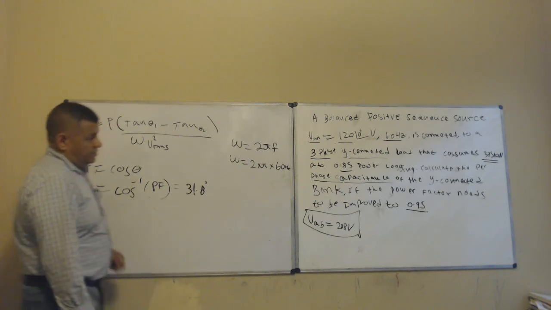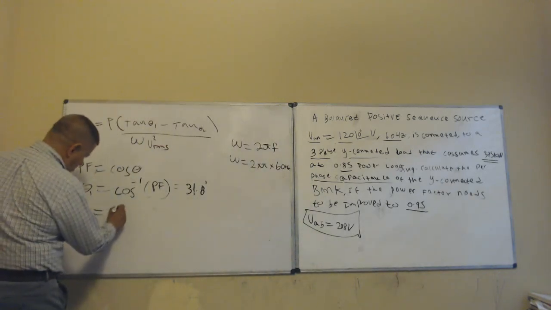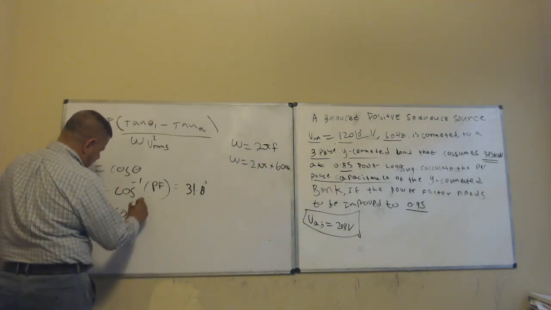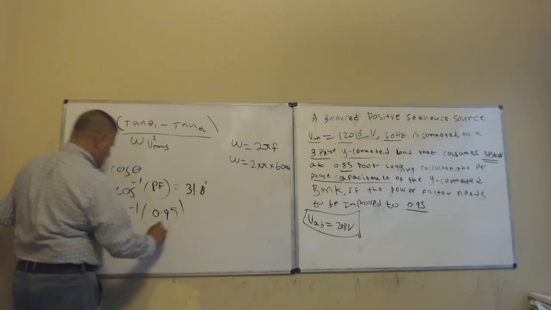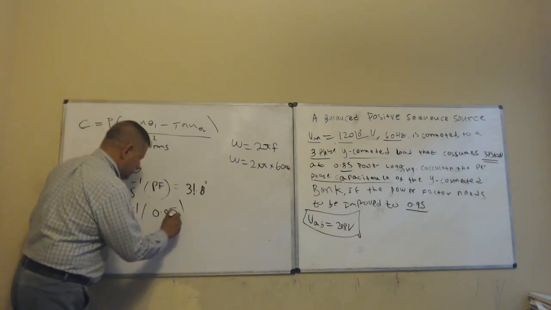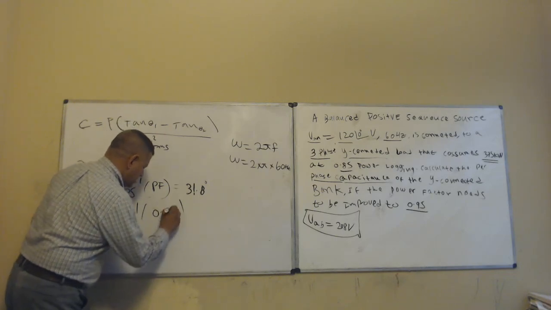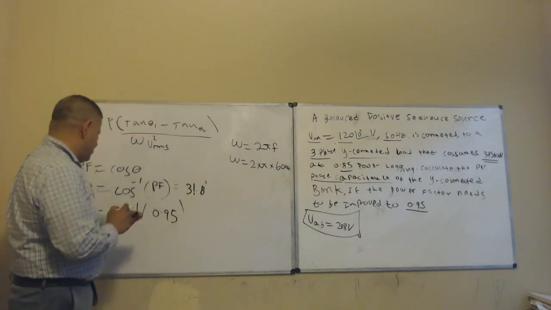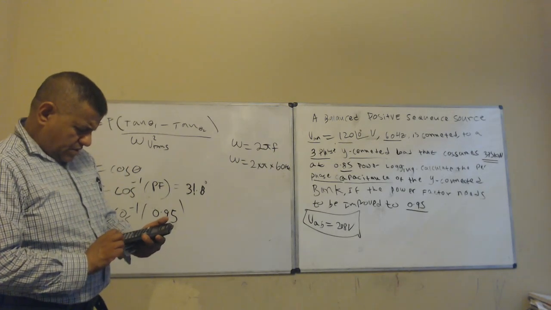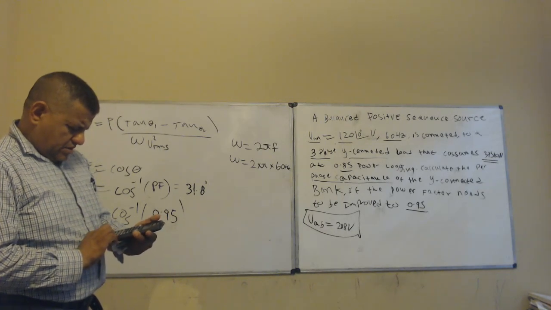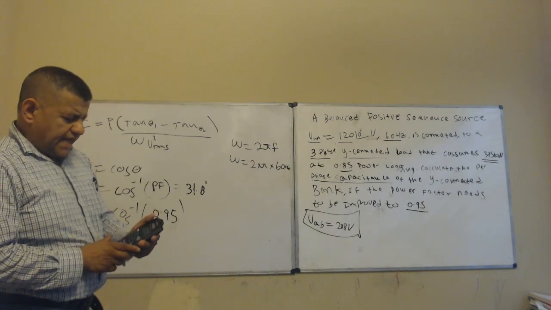Theta 2 is going to be equal to this guy, which is cosine inverse of 0.95. When I do that, that is 18.19.